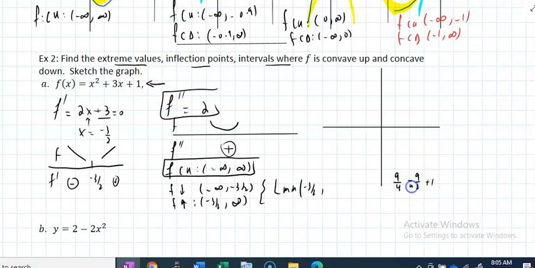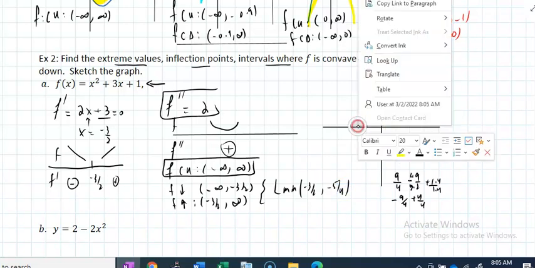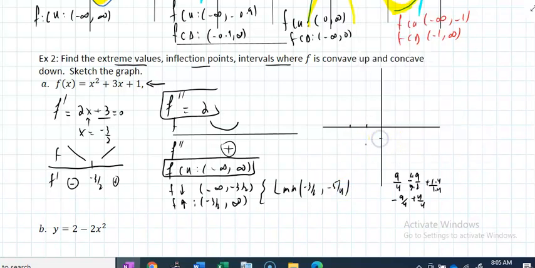That will be 9/4 minus 18/4 is negative 9/4 plus 4/4, negative 5/4. So the numbers are not ideal, but it's not that big of a deal. Negative 3/2, and negative 1 and 1/4.